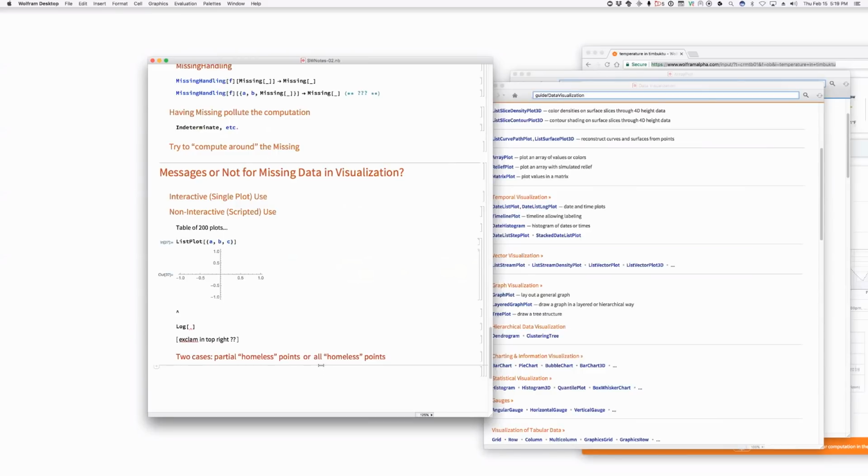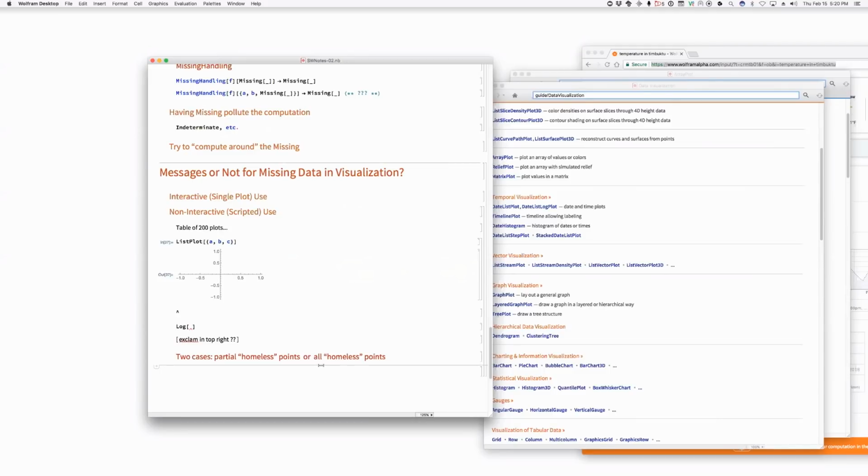I'm still wondering about the case. Etienne, you are arguing there shouldn't be a message when there are partial placeless things, right? Mm-hmm. But maybe you'd like to know how many placeless things there are, or that there are placeless things in that plot.